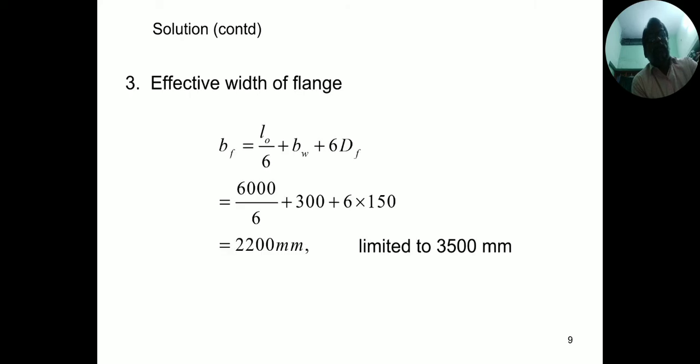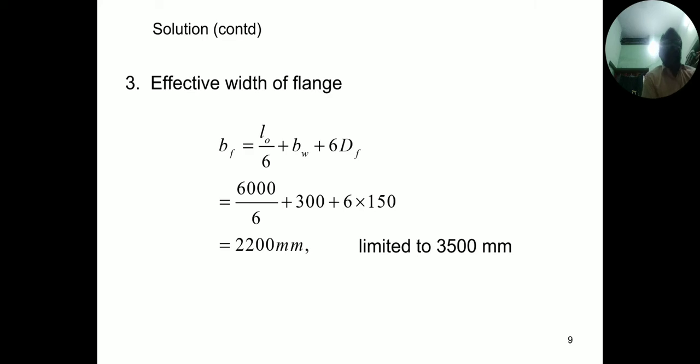Effective width of the flange. For a T beam, effective width BF is equal to L0 by 6 plus BW plus 6 DF. That is 6000 by 6 plus 300 mm plus 6 into 150, that is 2200 mm. 2200 mm is limited to the center to center distance, that is 3500 mm.